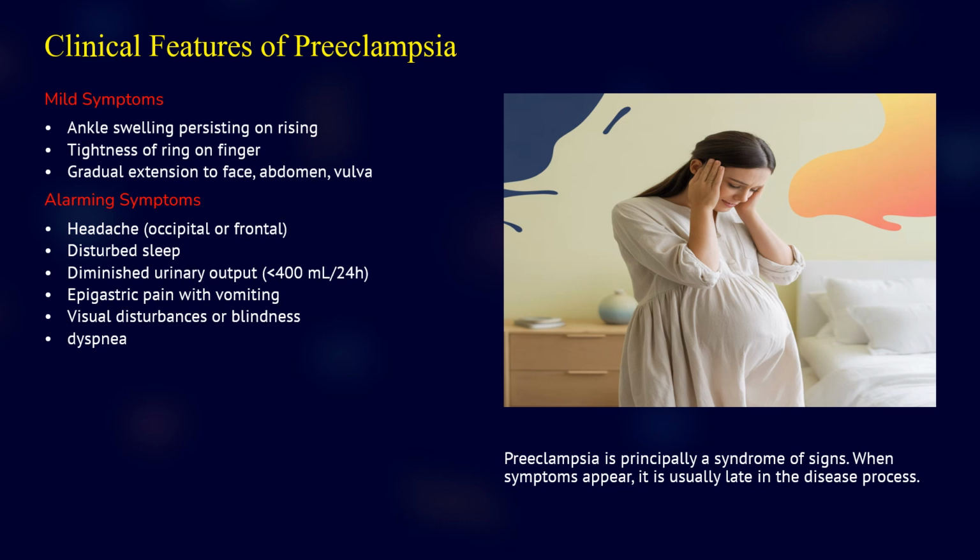So now the clinical features or clinical manifestation of preeclampsia. The first is the mild symptoms, where you will see ankle swelling, tightness of the ring finger, and swelling gradually extending to the face, abdomen, and vulva. Okay, so the alarming symptoms are headache, disturbed sleep, diminished urine output, epigastric pain with vomiting, visual disturbance or blurring of vision, or blindness and dyspnea.